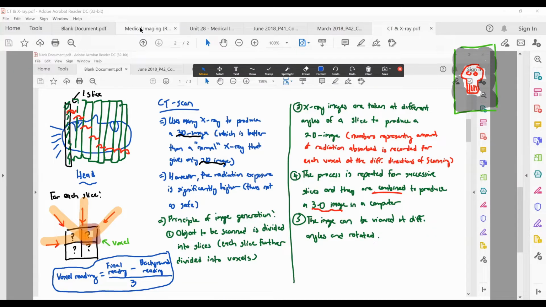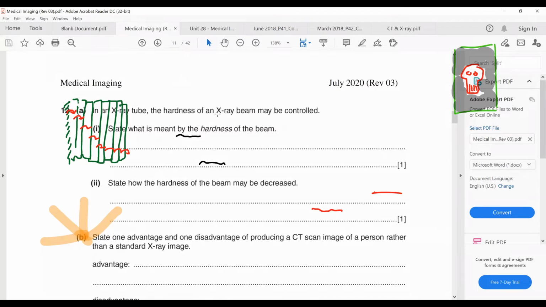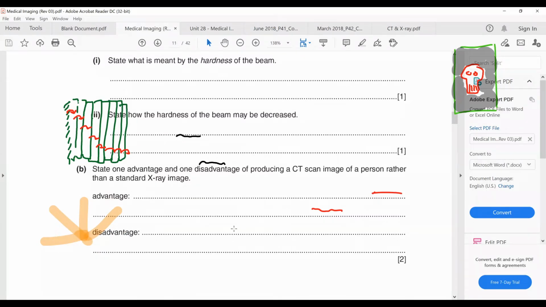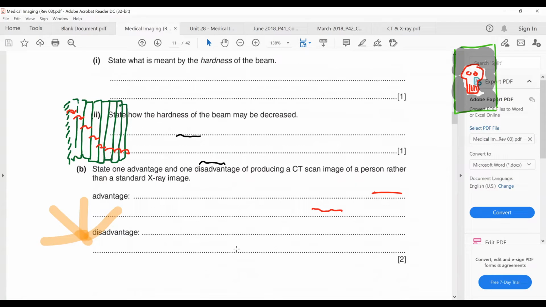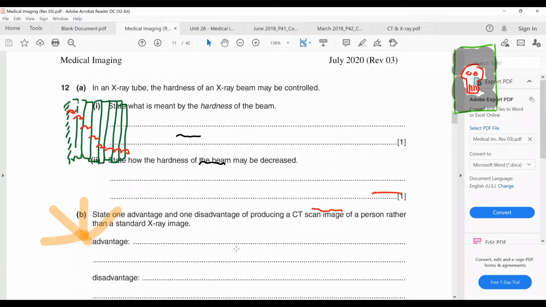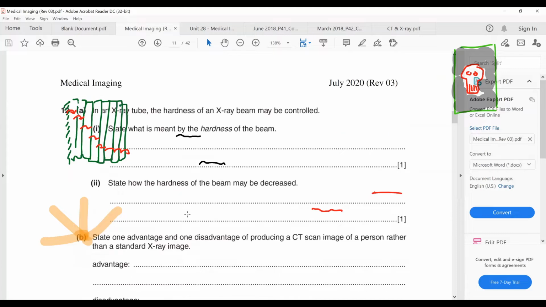Okay, so that one is one half of your CT scan. You can have a look at page 11. Let's just do some examples first before I move on to the next part of CT scan. Okay, have a look at page 11 of your worksheet.